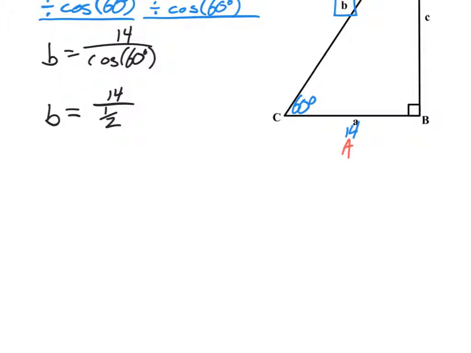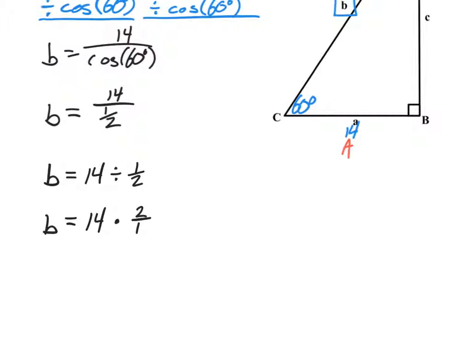Although for a few of you, you just cried a little bit inside because there's a fraction in a fraction. If that happened to you, here's the long explanation about how you deal with it. Because it's not actually that bad. Remember, a fraction is just division. So that's the same thing as 14 divided by 1/2. And in order to do division by a fraction, we multiply by the reciprocal of the fraction.